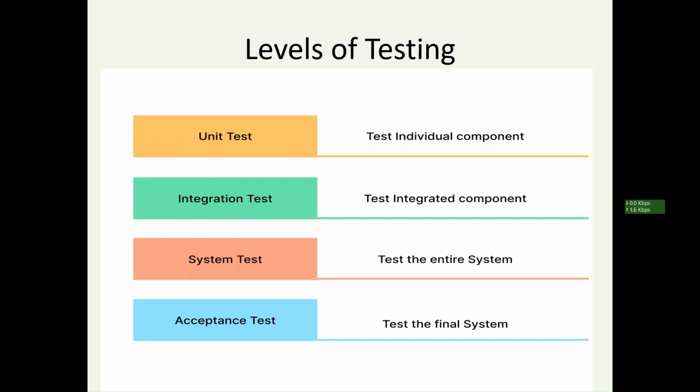In login, username is there, password is there, OK button is there, and cancel is there. Checking whether subunits are also working properly is called unit testing. Hope you got it. This comes purely under white box testing, done by the developer. You are going inside the code and checking unit wise.